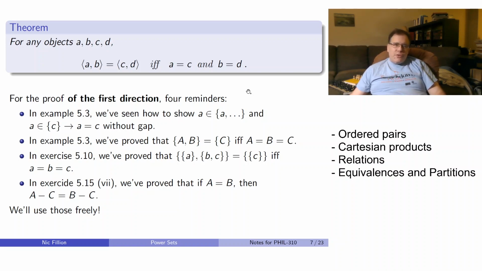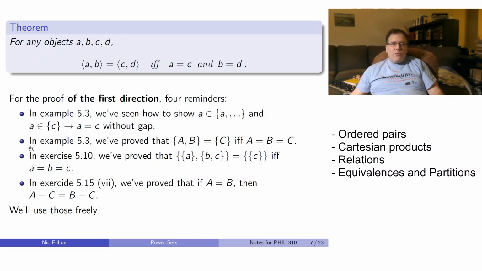And in order to prove that theorem, we're going to use a few things that we have looked at before. So you'll remember example 5.3, which was one theorem talking about singletons and pairs. That's something we looked at immediately after introducing the pairing axiom. And we saw as we were working on that example that suppose we have a set that contains A, then we'll say A is in A, whether A is a singleton or a pair.